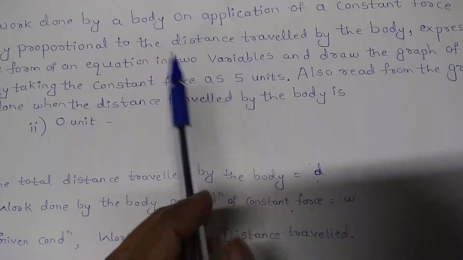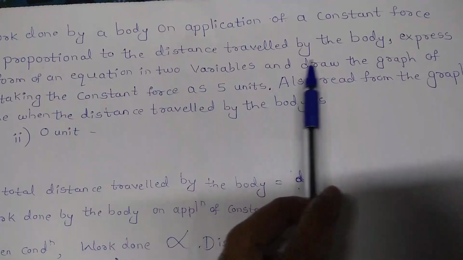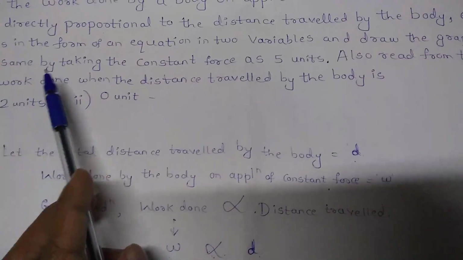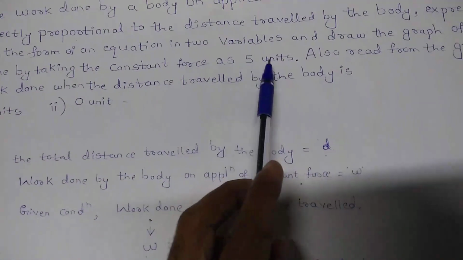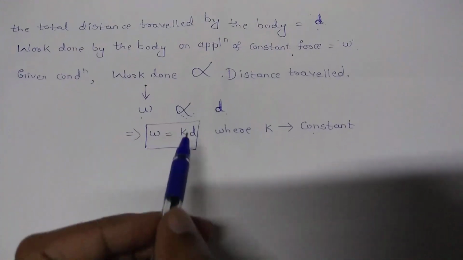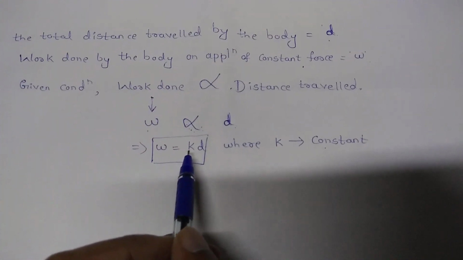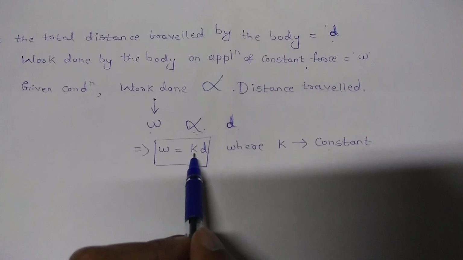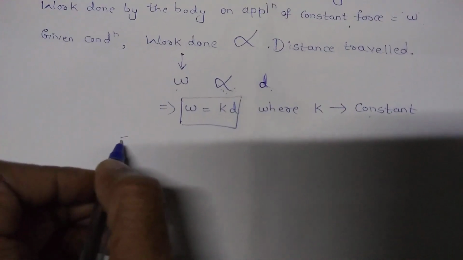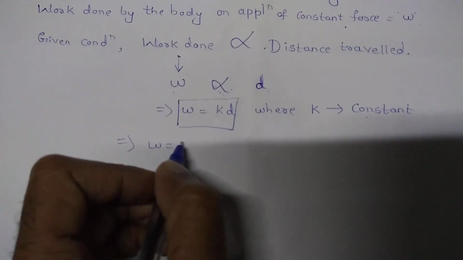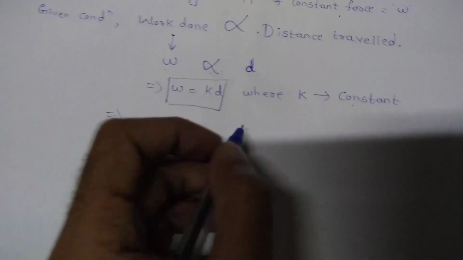Now they have given you that draw the graph of the same by taking the constant force as 5 units. So here K is the constant. Now you have to draw the graph by taking the constant K as 5 units. So this implies W is equal to 5 into D. Why?